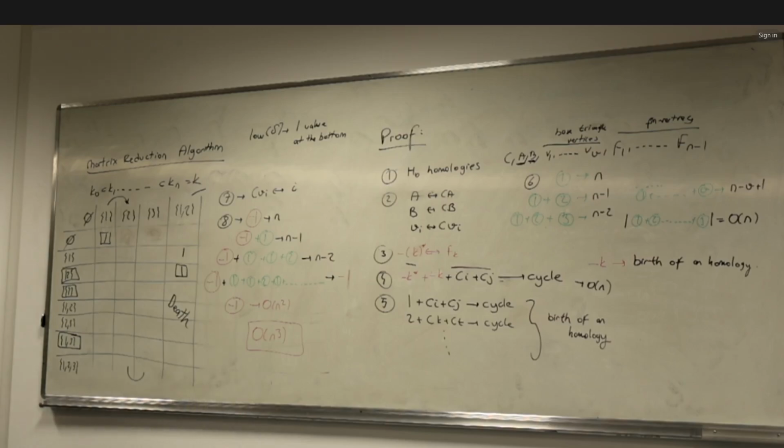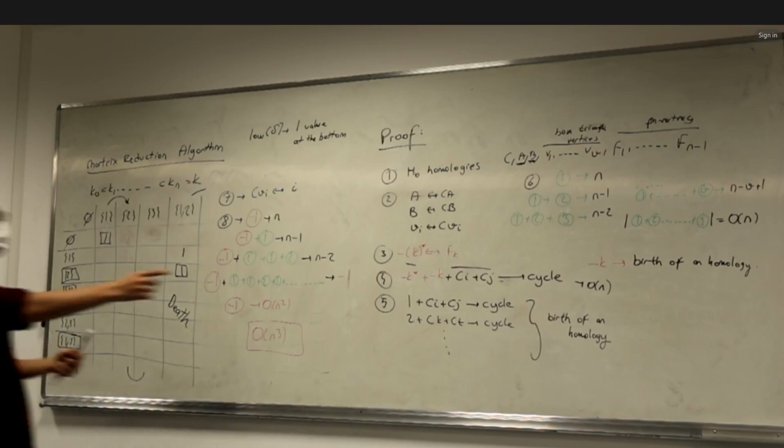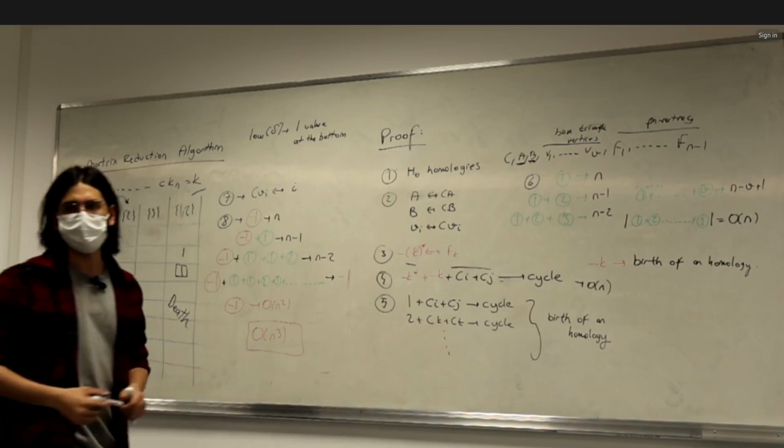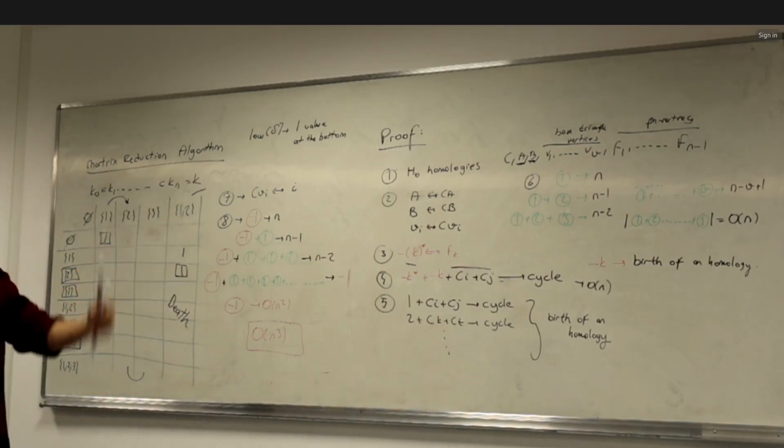The important remark of this Morozov example is that before this matrix algorithm, there was an algorithm called the pairing algorithm, which is what I did here, very similar, by Edelsbrunner in 2002. The article is written in the idea of Edelsbrunner's pairing algorithm.